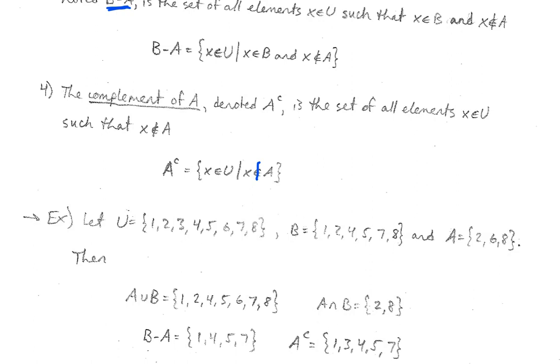And then the complement of A. What are all the elements in U that are not in A? Well, 1 is not in A. 2 is in A, so that's not good. 3 is not in A. 4 is not in A. 5 is not. 6 is. 7 is not, and 8 is in A. So 1, 3, 4, 5, and 7 are all the elements in A complement.